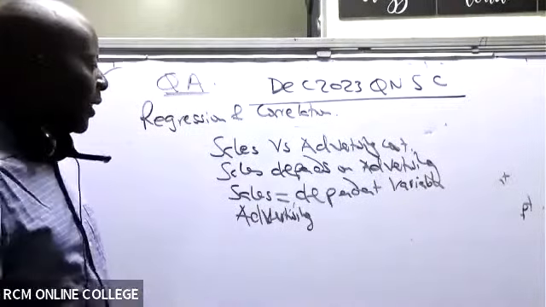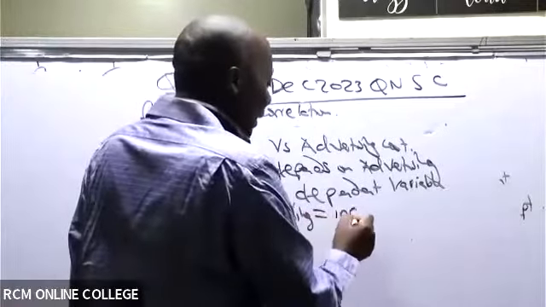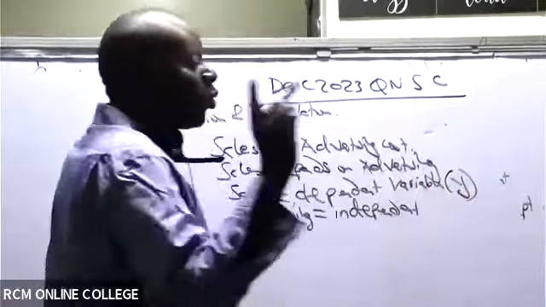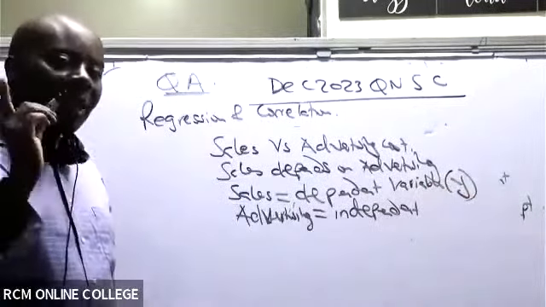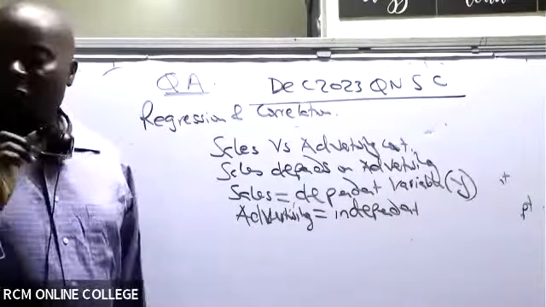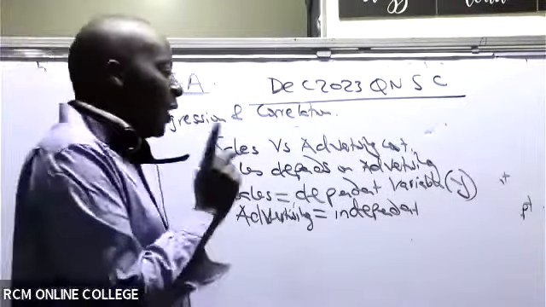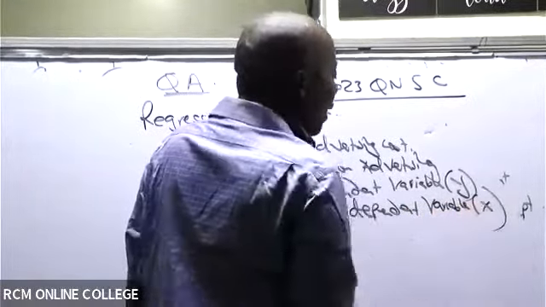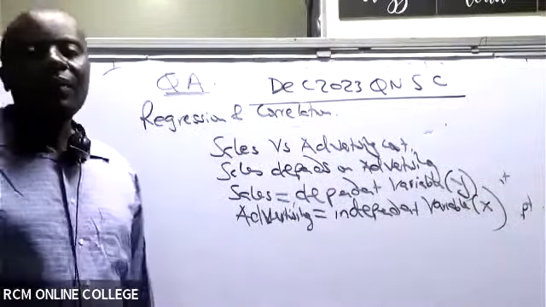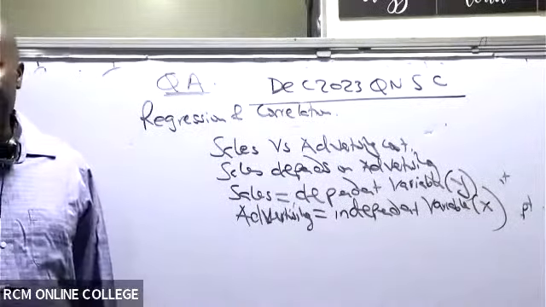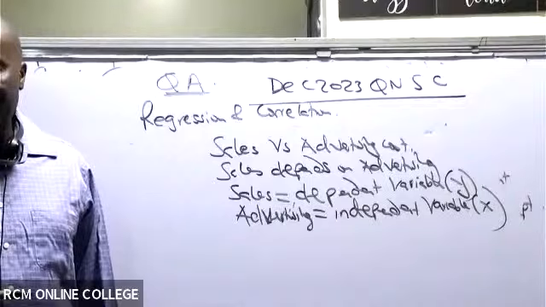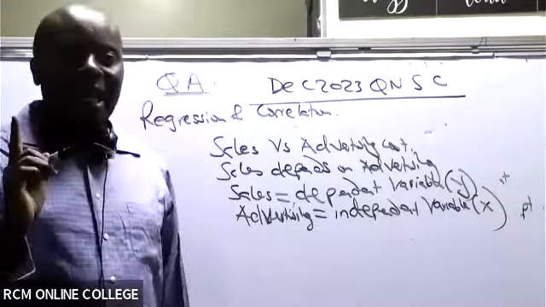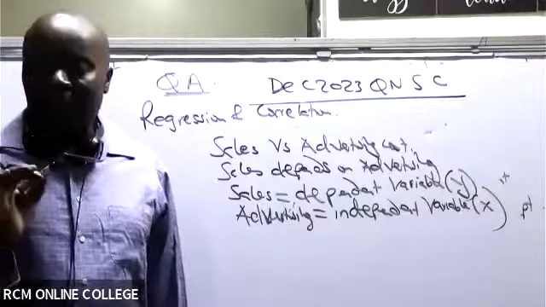So the advertising cost will become the independent variable. Remember, the dependent variable is always your Y variable, and the independent variable will be your X. So always remember, dependent is Y and independent is X.